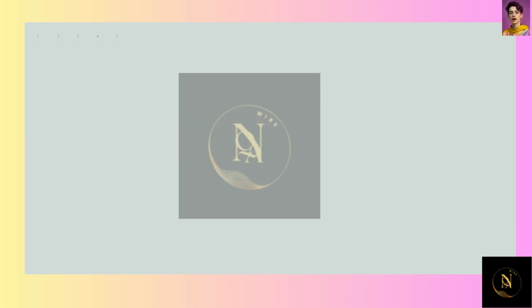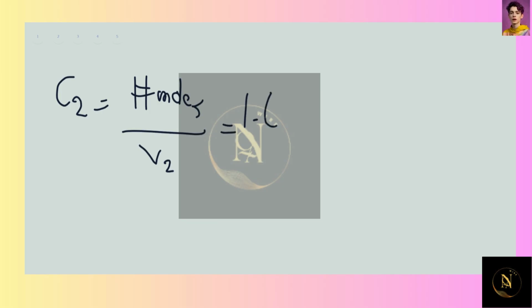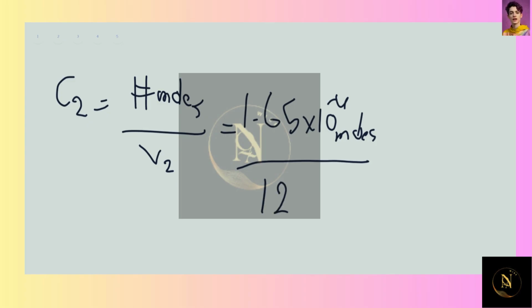All right, and so my second concentration is basically the number of moles over the new volume, which is 1.65 times 10 to the power minus 4 moles. And I'm going to divide it by, now I have 12 milliliters, and I'm going to do the same trick of conversion again.